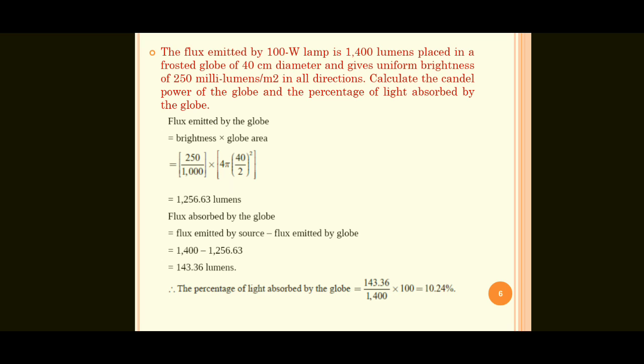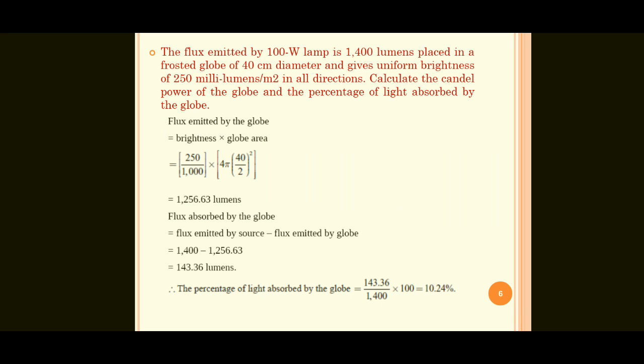The bulb rating is 100 watts, the flux is 1400 lumens, the diameter of the globe is 40 centimeters, and the brightness is 250 millilumens per meter square in all directions.